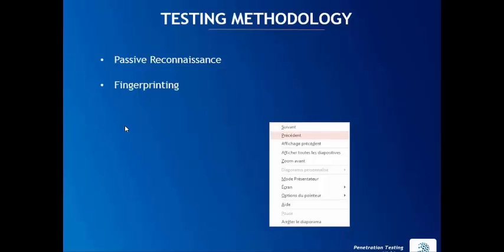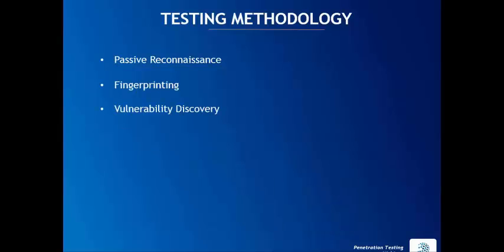Once we know those things, we can then start to fingerprint it. That means we start to put together an exact picture of what this system is, and the more accurate we can do that, the more successful the testing will be. Because we've got an exact picture of what we're dealing with here, and then we can know how we can manipulate that. That's the vulnerability discovery stage.